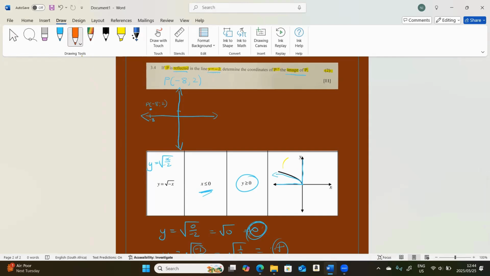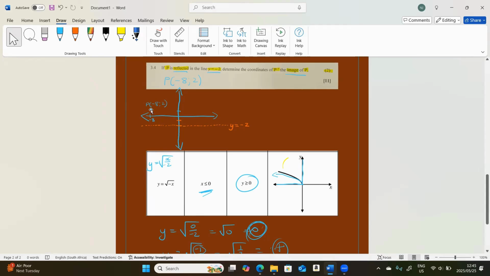Let's go and draw that in a different color. So -1, -2. So this is where -2 is. So let's draw a line that passes through where y equals -2, and that's obviously going to be a horizontal line. And then you write that this line is the line y equals -2. Okay, so that is the reflection line that we will be working with, okay? So basically, you have to reflect this point P.